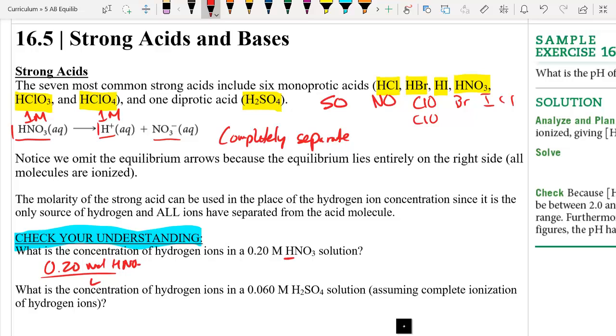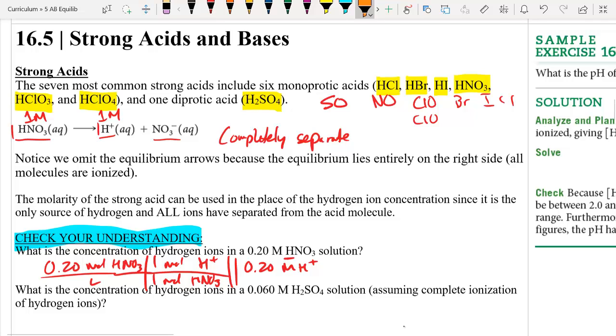Well, we can do a mole ratio to convert out of every 1 mole of the nitric acid molecule produces 1 mole of hydrogen ions. That tells us that the starting concentration of the acid has to be the same as the ending concentration of our hydrogen ion. Okay?